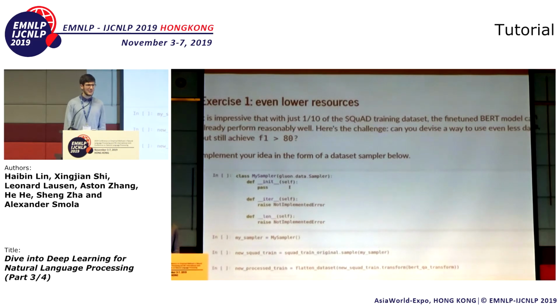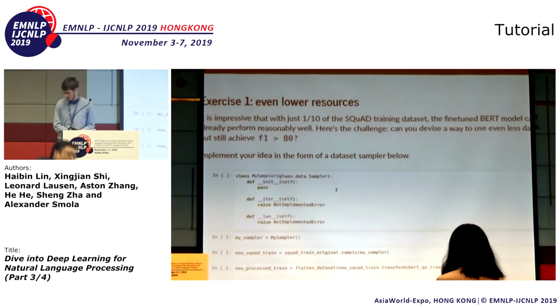There are many options. You just have to implement this sampler here, and then try it out. So, time for the exercise. If you have any questions, please raise your hand and we will be walking around and helping you.